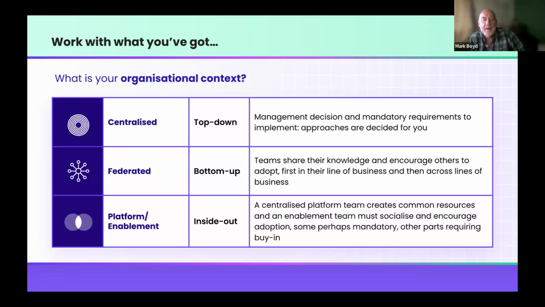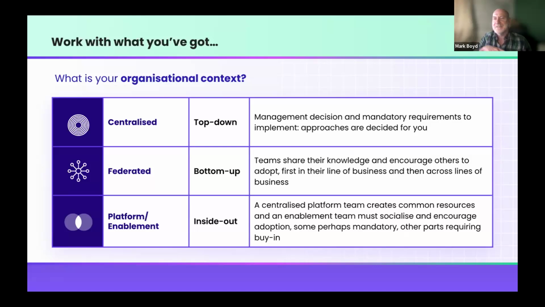And then a little bit more on the federated and now starting to go towards platform enablement in Europe. When I do my governance sessions, I always ask who's here from which one corresponds with what you've got, and that seems the split, at least in those who are coming along to API work. A lot of people moved to federated because they wanted to pick up the speed rather than have the bottleneck of centralized.